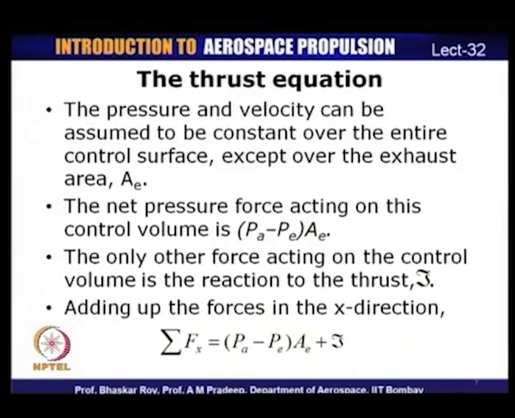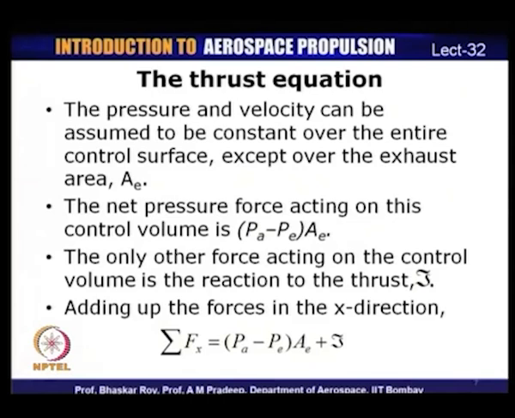If you assume that, then the net pressure force acting on the control volume will be equal to the difference between the ambient pressure and the exit pressure multiplied by area. So, (P A minus P E) times A E is the net pressure force which is acting on the control volume, because if there is a difference between the exit pressure P E and the ambient pressure P A, it will exert a force over an area A E, and that is equal to the net pressure force.